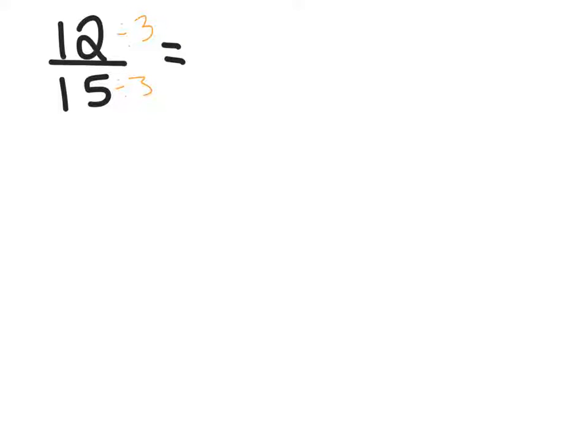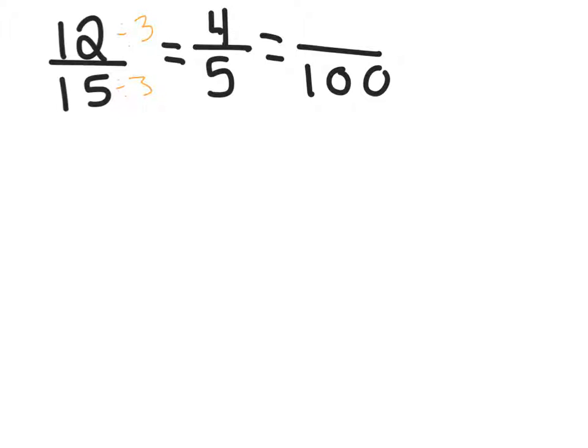12 divided by 3 is 4, and 15 divided by 3 is 5. We now realize that we can get to a denominator of 100 since we now have a denominator of 5. So how did we get from 5 to 100?